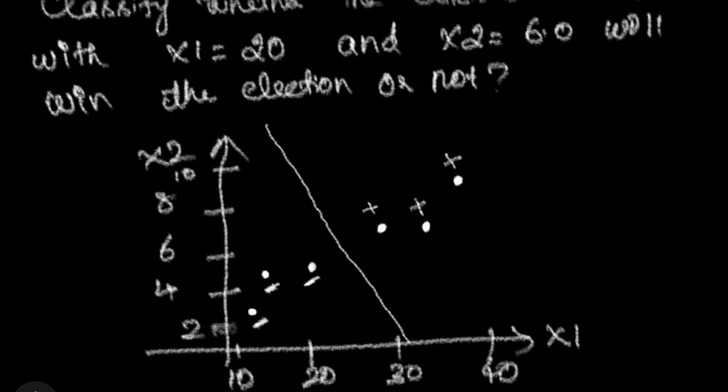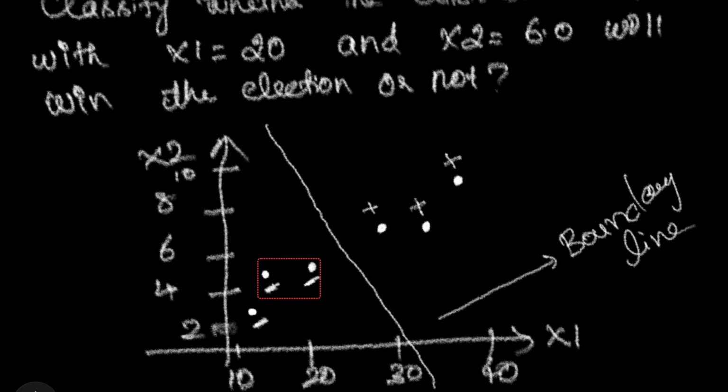This is an assumption. I'm going to draw a boundary line. It's a hyperplane which divides these two class labels, and I can draw the margin lines to the left and right of the boundary line.